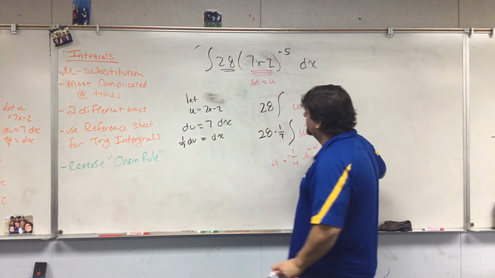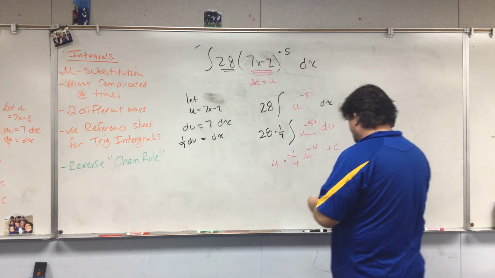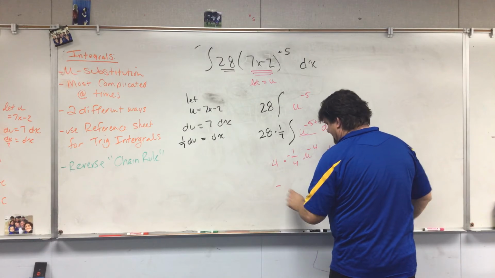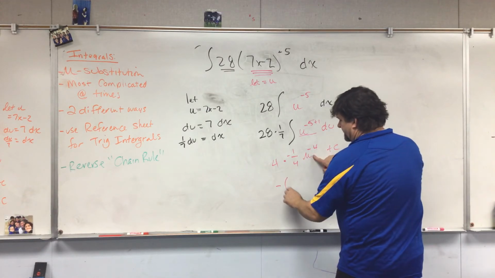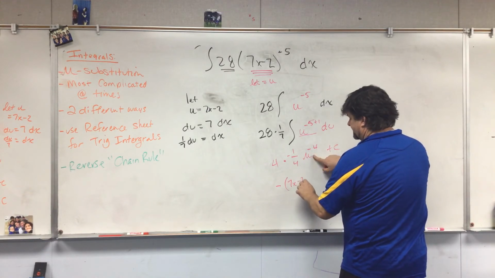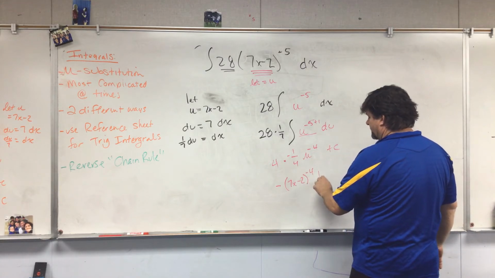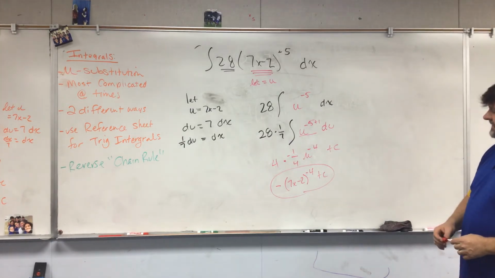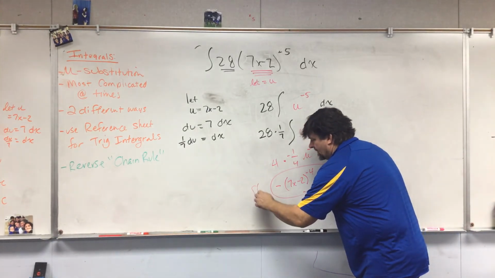What's u? U is the original. So 4 times -1/4 is negative 1 times (7x minus 2) to the -4th plus c. Same exact answer we got before. And so this would be f of x.